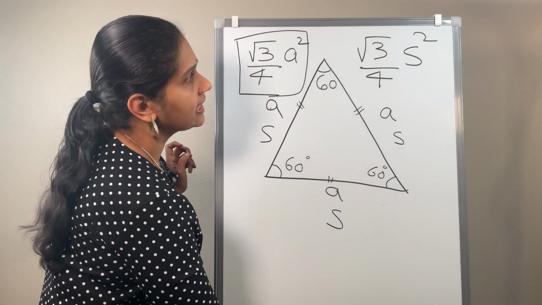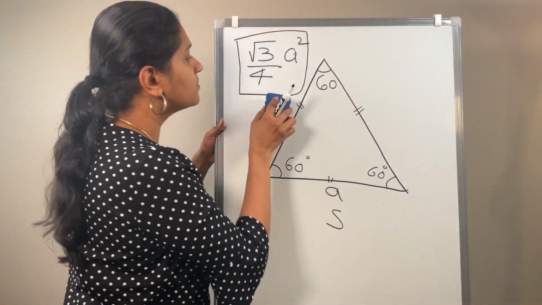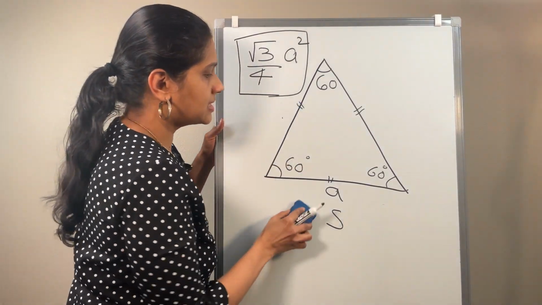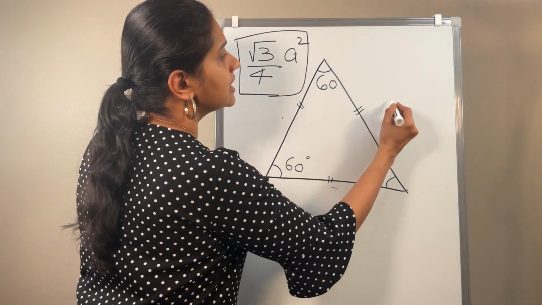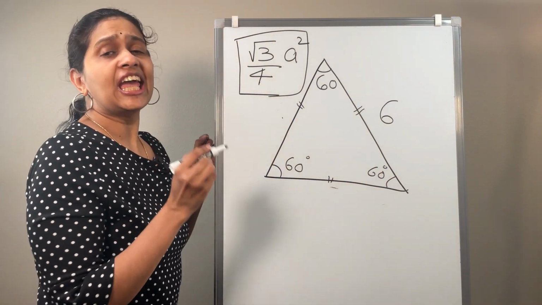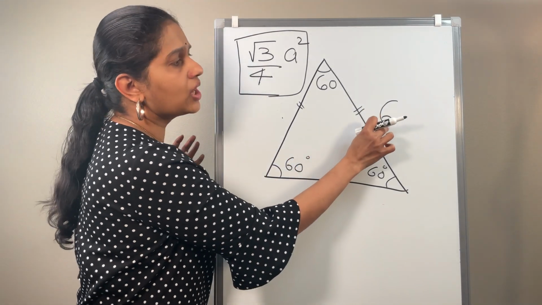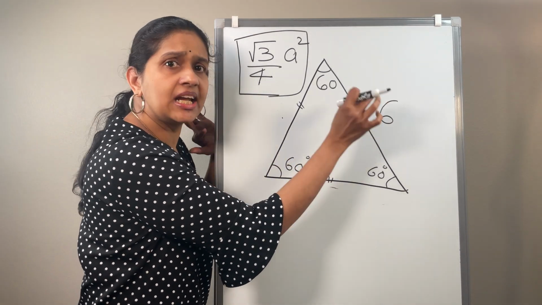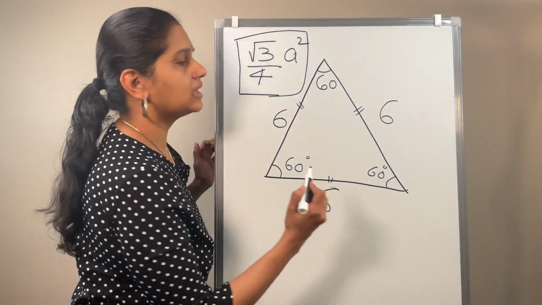Now let us try to apply this formula with some numbers. Suppose one side of an equilateral triangle is given as 6, and you are asked to find the area of the equilateral triangle. As I told you, for an equilateral triangle, when one side is 6, the other two sides are going to be the same.